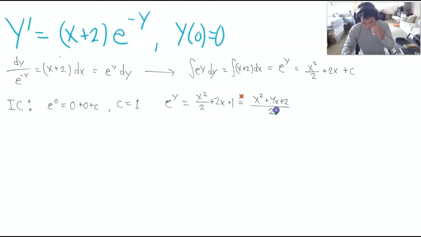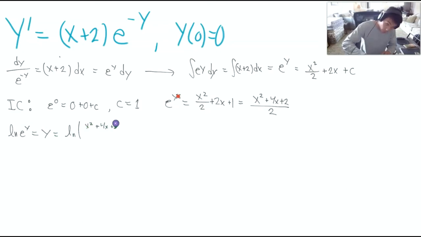Now, just to tell you guys why I'm going to do that: if I want to get rid of this e to the y, I can take ln of e to the y, and this just becomes y, and then I take ln of x squared plus 4x plus 2 divided by 2. I think this looks like a lot nicer of an answer. And we could just box our final answer right here.